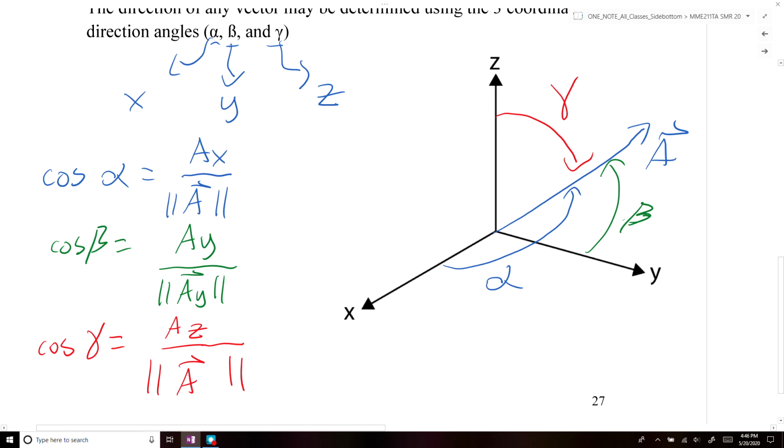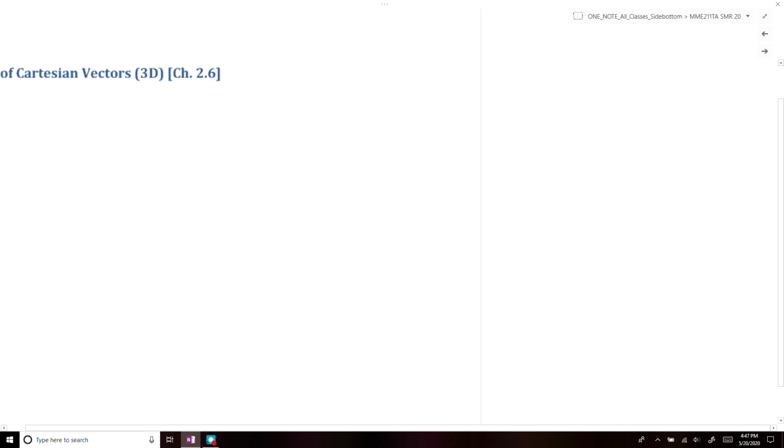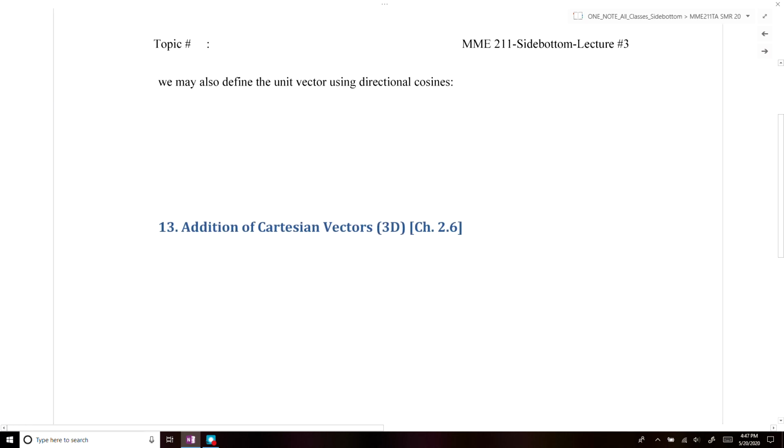And then the one final thing we have in this video is that we can relate a unit vector to the directional cosines.